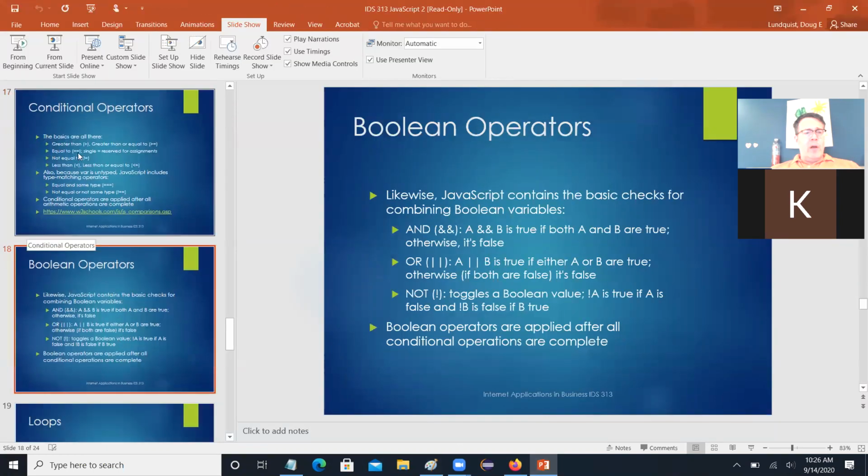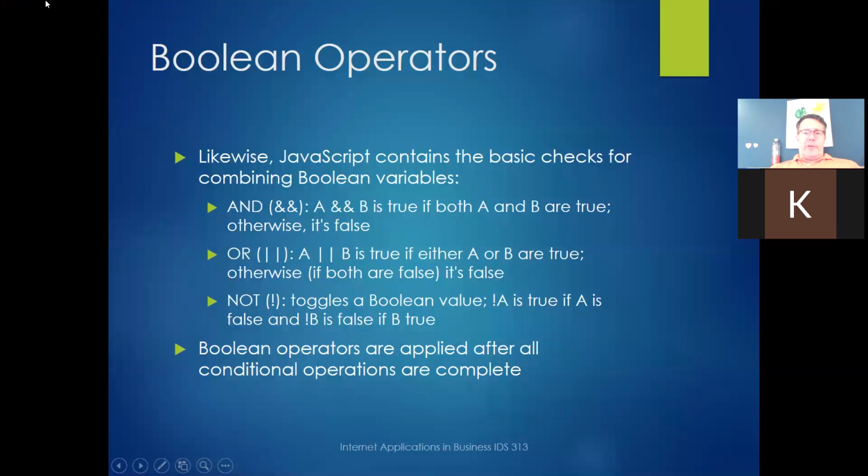So let's look at Boolean operators. Boolean operators can check between groups of true and falses. We have a logical and operator, the double ampersand. A and B is true if both A and B are true. Otherwise, it's false. Just like in real life, I will walk to wherever I'm going if the walking distance is reasonable and the weather is nice.